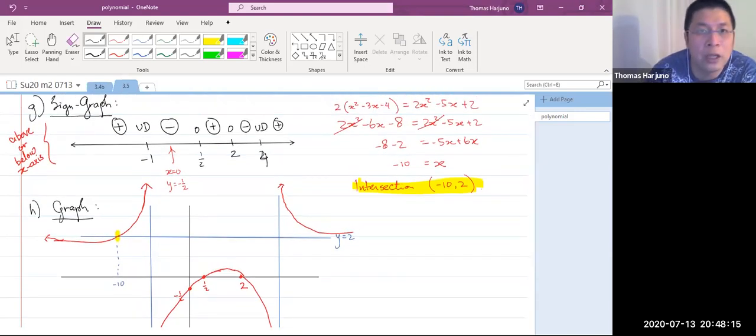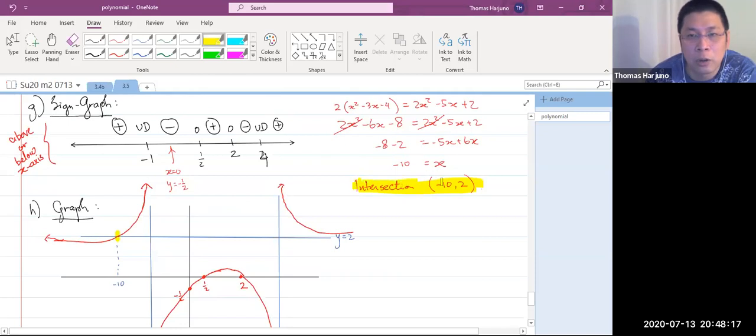And once we get the intersection with the horizontal asymptote, then we know that there must be an intersection here and nothing else. So when we come from far left, we must start from the horizontal asymptote. We just don't know if it is from above or below, right? But because we know that it will be positive here, goes to positive infinity here, and has an intersection here, then this must be below here. That's the only way.